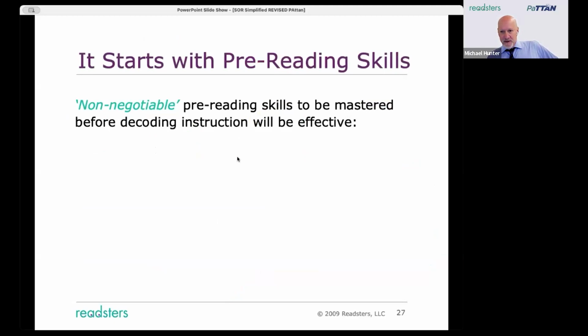And this is the first place that I think we start to lose some of our students in the reading instruction game, is they don't get enough practice and teaching with the pre-reading skills before we start phonics instruction, and they're lost in phonics because they haven't developed the necessary pre-reading skills.